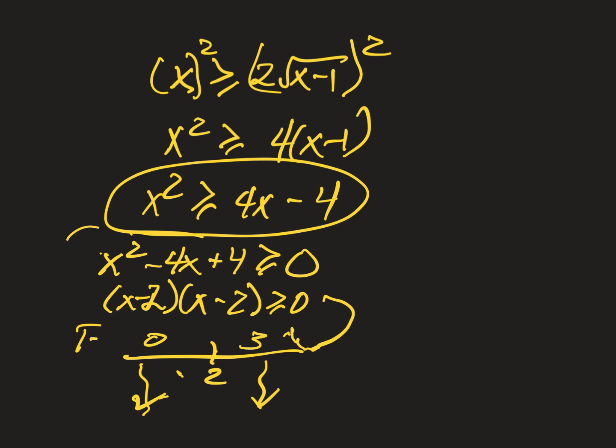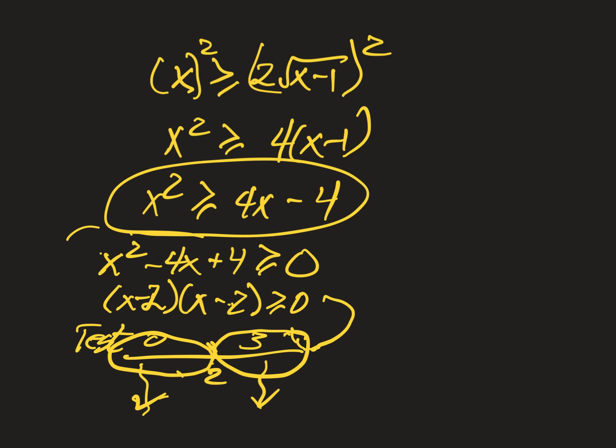So my test value is 0. So 0 minus 2 times 0 minus 2 is a positive 4, which is bigger than 0. And 3 minus 2 times 3 minus 2 is 1 times 1 is 1, which is also bigger than 0. So both of these intervals work. And so one of these graphs is always above the other graph.